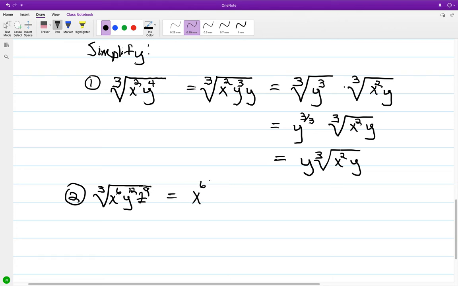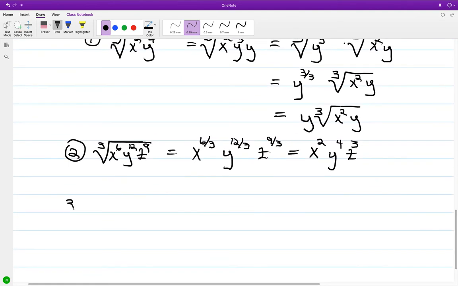So in the reduction, we have x to the 6/3 times y to the 12/3, times z to the 9/3. And in the reduction, I have x squared, y to the 4th, times z to the 3rd.